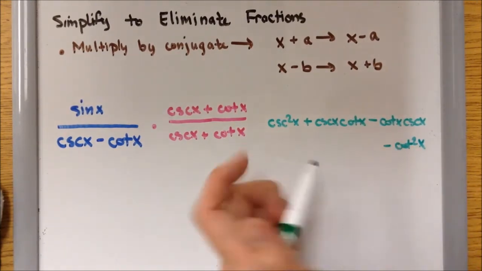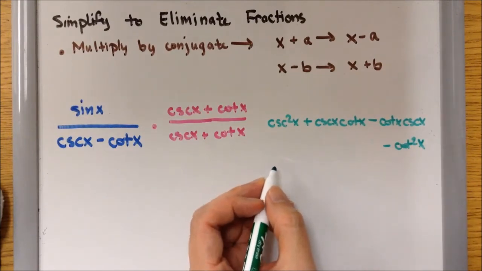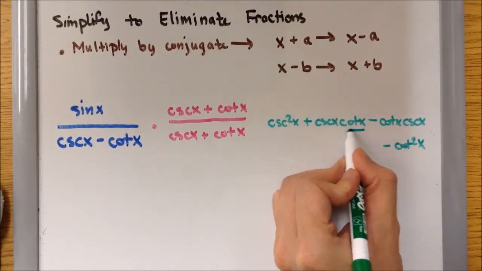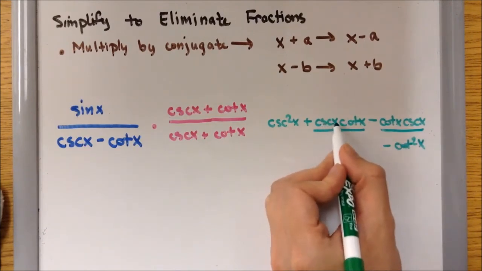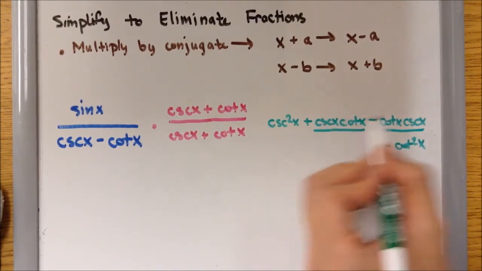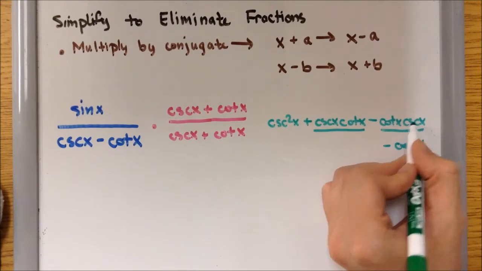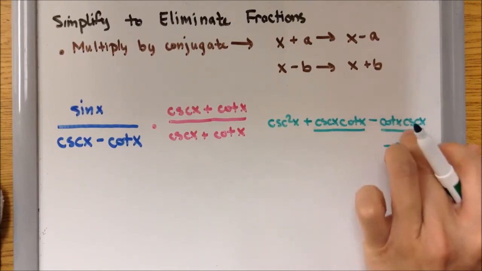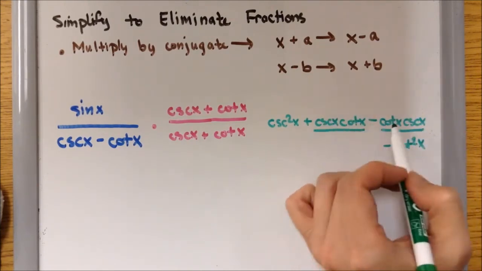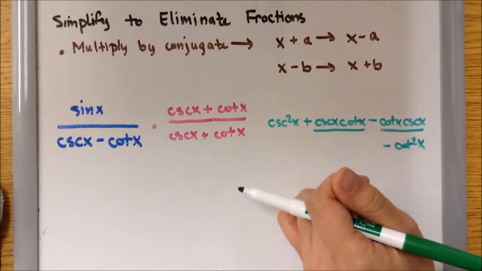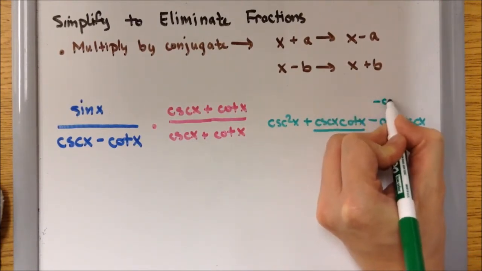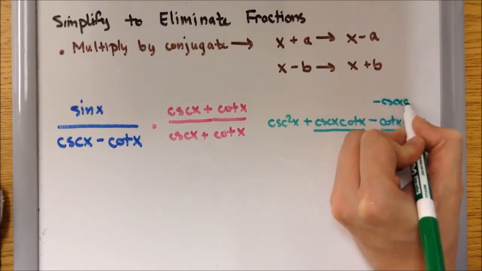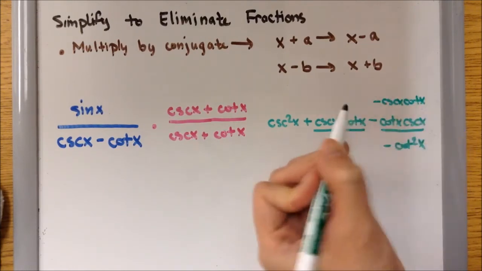Here and here, you see how it has cosecant x and cotangent x, and it's multiplying cotangent x and cosecant x. Even if they're multiplying, I can switch the two functions to be in the same order. So I can rewrite this as minus cosecant x cotangent x.